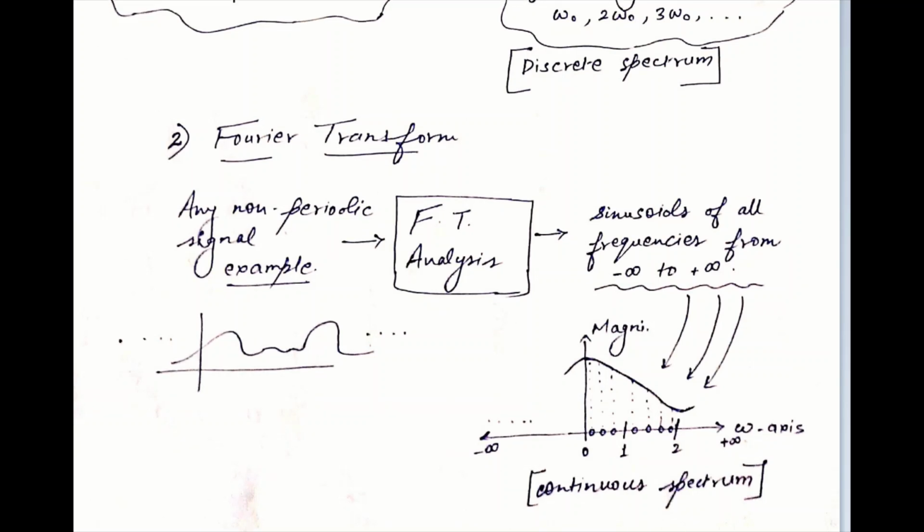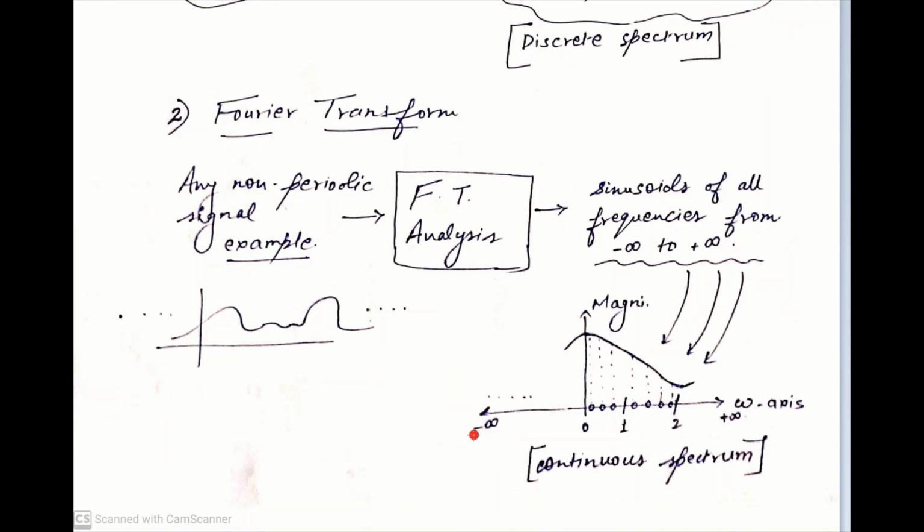Frequency can be of any value from minus infinity to plus infinity. All these frequencies contribute in the spectrum. What does it mean? That we will have so many sinusoidal functions of different frequencies, all frequencies. So we can see here that this graph is continuous. That is why we say that Fourier transform has a continuous spectrum.